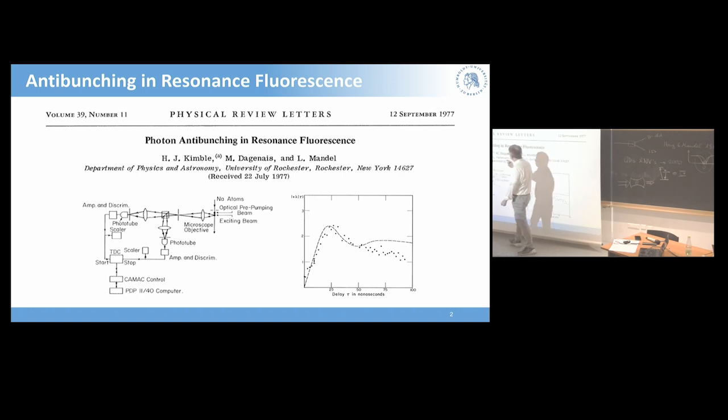So the first PhD student that finished his PhD with Jeff Kimball was Luis Orozco, and Luis Orozco did very early work on the photon statistics of the light that is sent through such a cavity QED system. In the early works it was the same as you see here, with a beam of atoms that was traversing the cavity, so you had a fluctuating atom number also in the cavity, and he could show non-classical behavior of the light field that was transmitted.